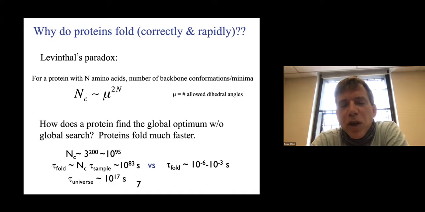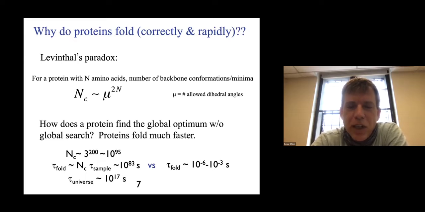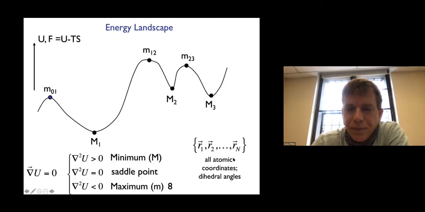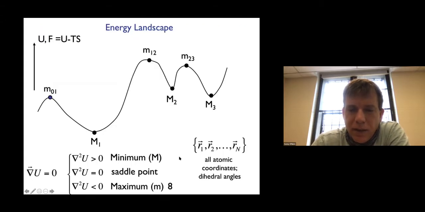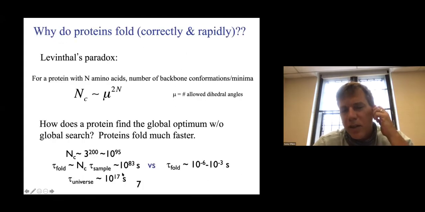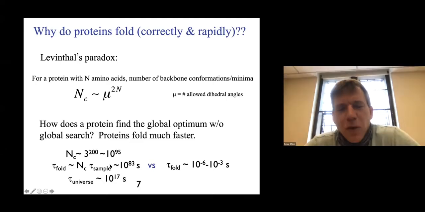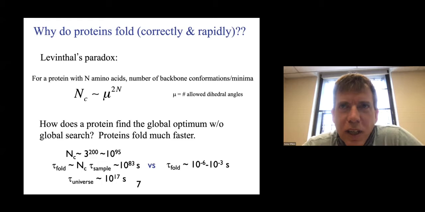So there are 3 to the 200 possible conformations, a very conservative guess for the possible number of conformations of a protein chain. 3 to the 200 is very large. It's an astronomical number, approximately 10 to the 95.